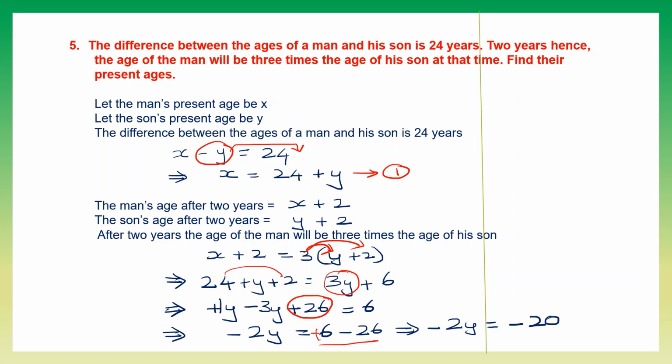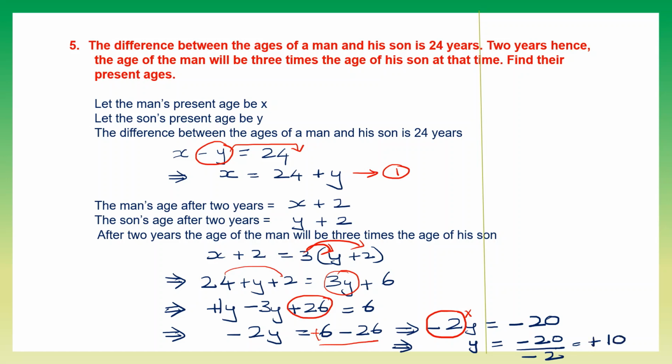So minus 2y is minus 20. So we can easily find the value of y by saying minus 20 divided by minus 2. Because we have transposed this minus 2, which is multiplication here, to the other side, it's become division. So minus into minus is plus. Then 20 divided by 2 is 10.